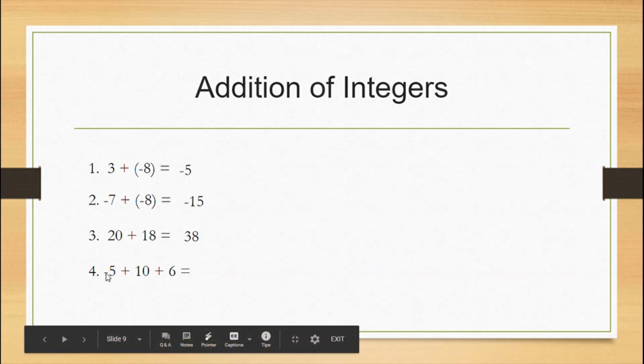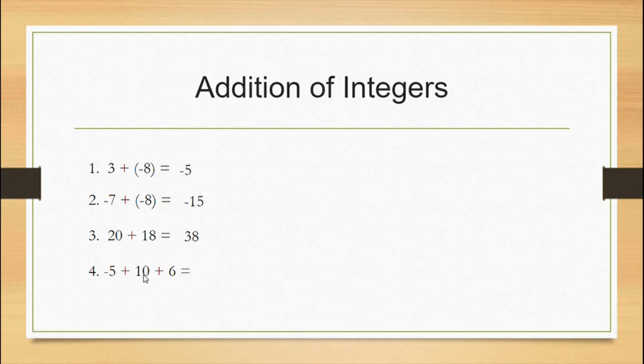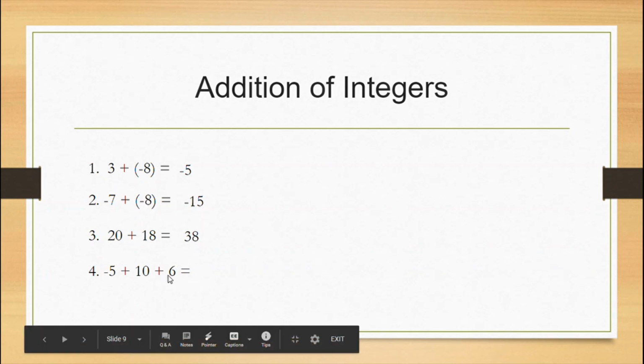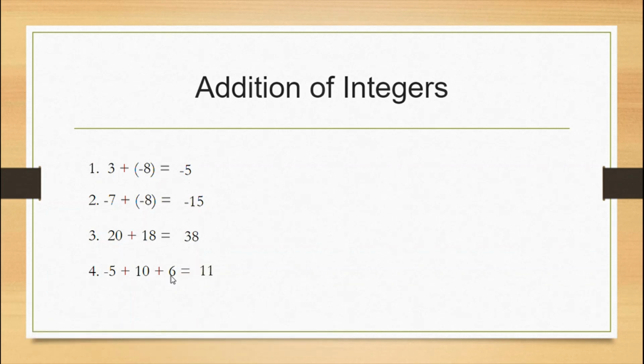So we have here negative 5 plus positive 10. They are unlike sign. Since they are unlike sign, we're going to subtract. So 10 minus 5, that is 5, and copy the sign of the bigger number. 10 is positive, so our answer here is positive 5. Positive 5 plus positive 6, then we got the answer of positive 11.